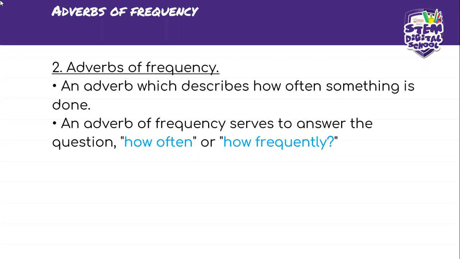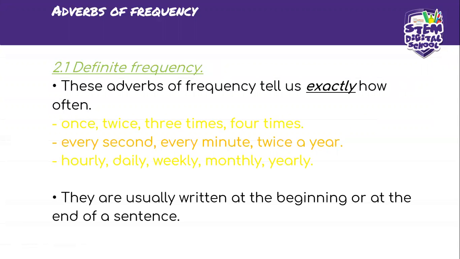These are the questions that an adverb of frequency will answer. Then we have two types of adverbs of frequency. We have one type which we call the definite frequency.